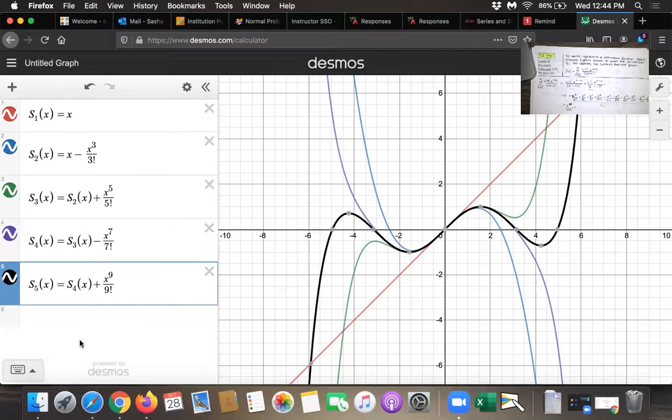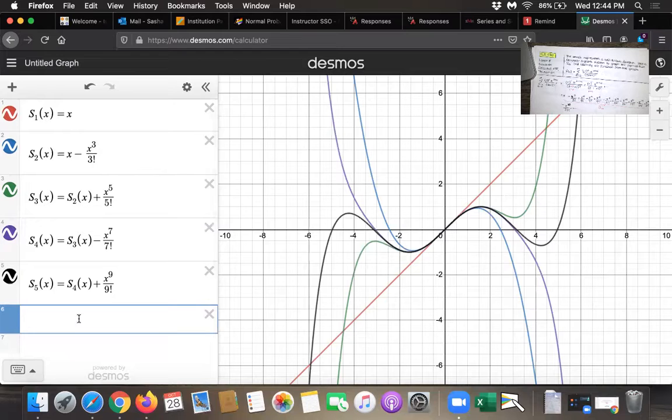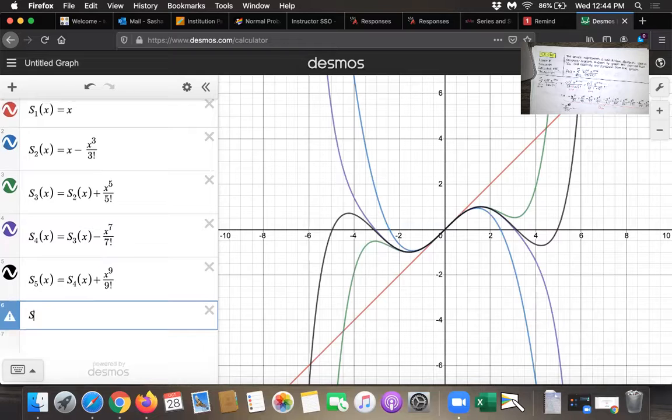And they wanted us to go all the way up to s sub 10. So we could type out all of these this way, but it might just be easier to type s sub 10 immediately.